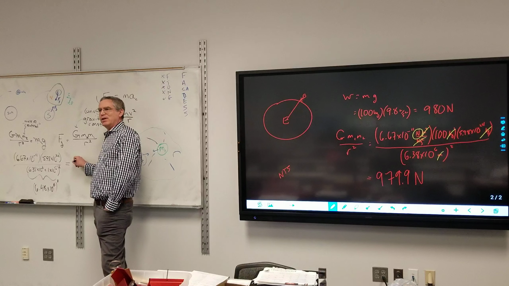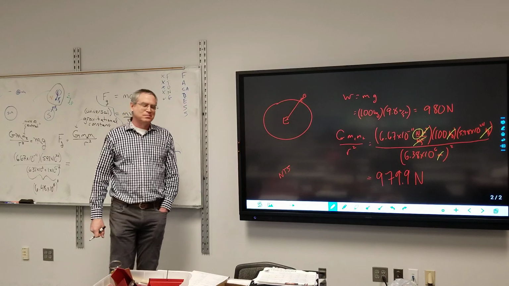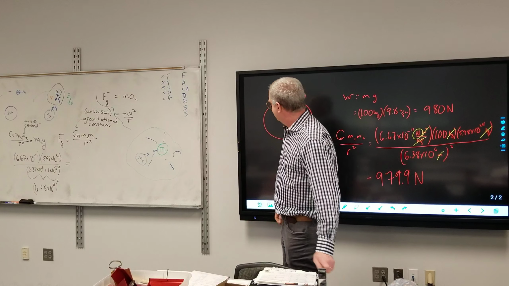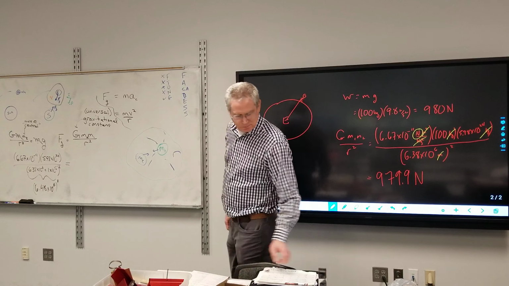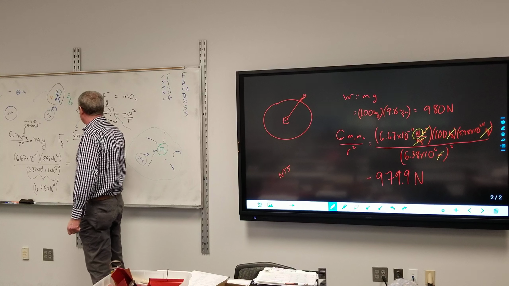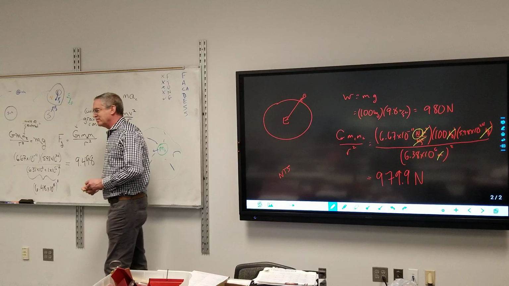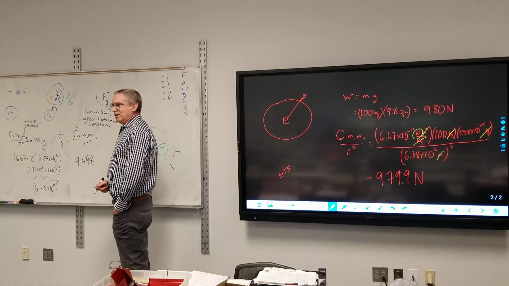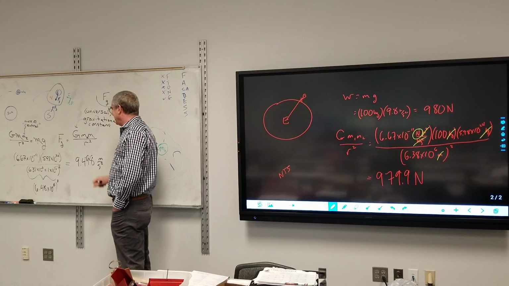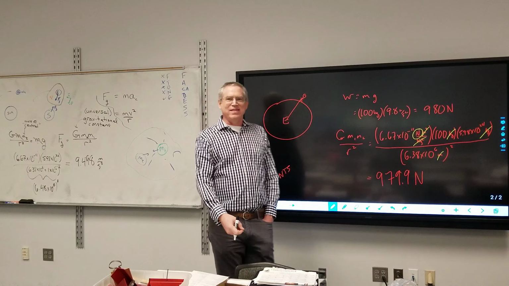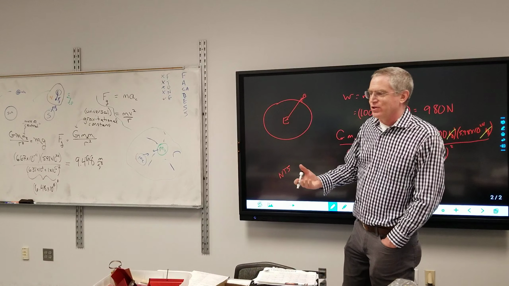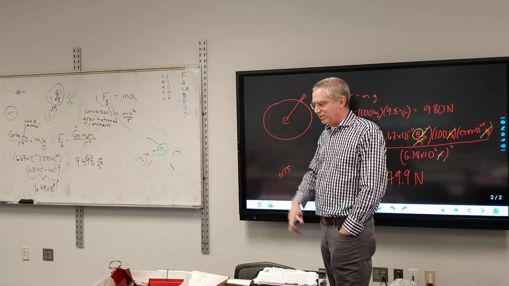Yeah, that's not right. I got 9.498. Units? Meters per second squared. Yes. It's really not that much different than it is here, which is our justification for generally considering little g to be constant for all of our free fall problems.